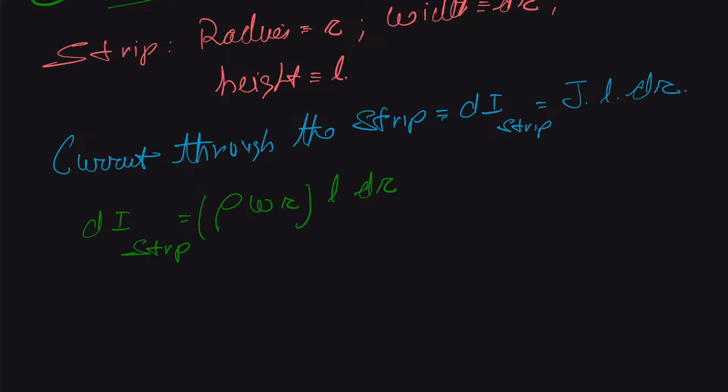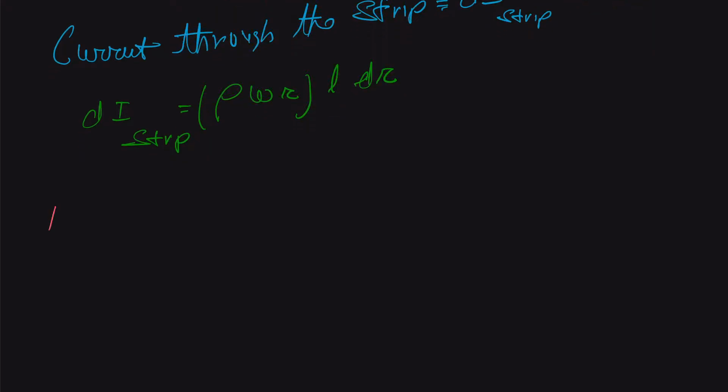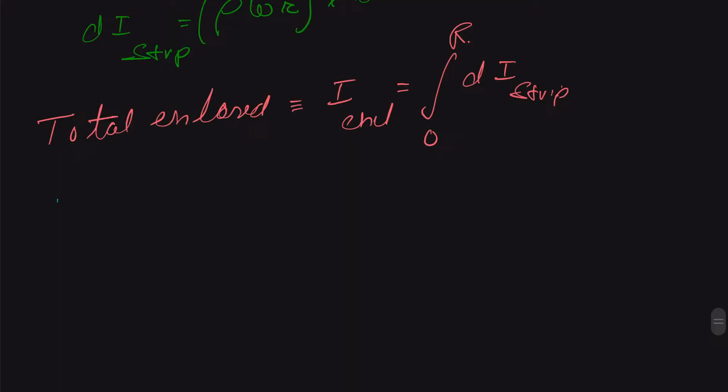So the total current, that is the current enclosed, we can write as the integral of this dI strip, and it is going to vary from 0 to R. We substitute the value of dI strip, so the current enclosed will be the integral from 0 to R of rho omega r L dr, and this will come as r square, giving us capital R square.